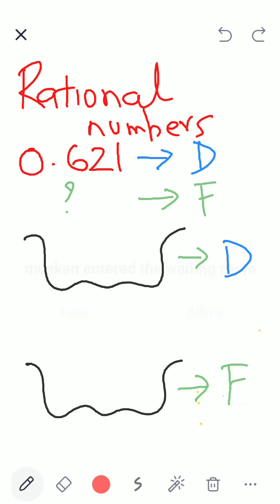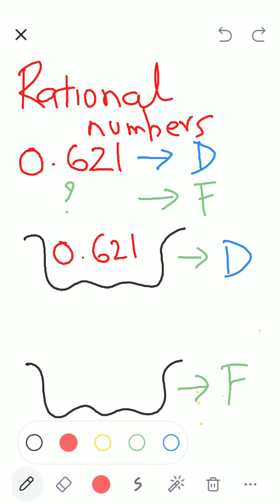So decimal form, I know it is 0.621. I want to convert it into fraction form, which I don't know, but I know the quantity in the decimal bag is the same as the quantity in the fraction bag. Only thing is the decimal bag has it in decimal form, the fraction bag in fraction form.